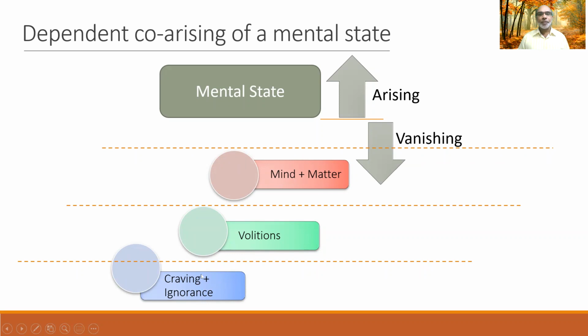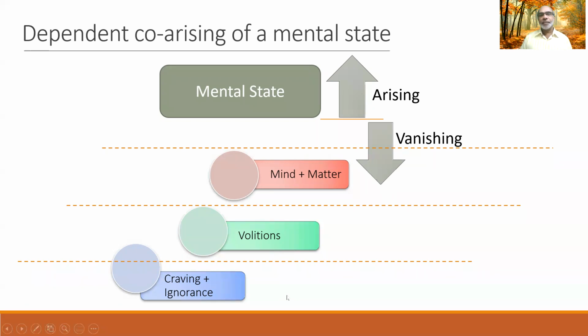Here I am putting the two together because they are certain mental elements behind the scene, but they have a lot of driving force to force the volitions to happen. A volition will be behind generating the mind over matter, and the mind and matter will be behind generating a particular state that prevails in the mind for a short time.